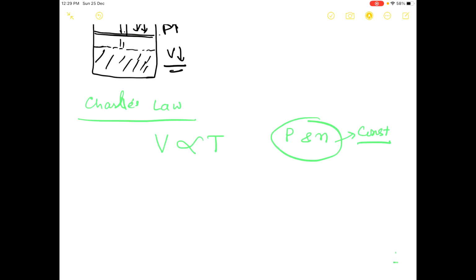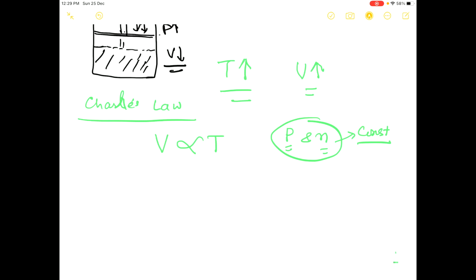And see, if temperature is increased, then keeping pressure and number of moles constant, volume will also increase, because increasing the temperature will increase the kinetic energy of the molecules and they will expand to increase the volume.